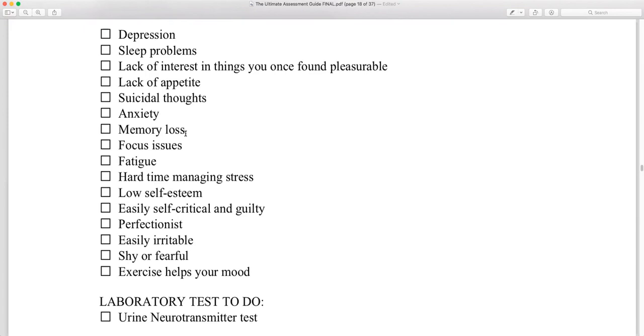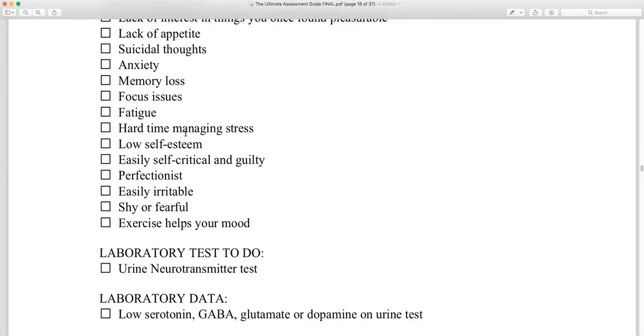Memory loss, focus issues, fatigue, and hard time managing stress, that can be more dopamine. Low self-esteem, easily self-critical and guilty, perfectionist, easily irritable, shy or fearful. Exercise helps your mood. A lot of those are serotonin as well. They can also be norepinephrine or epinephrine.